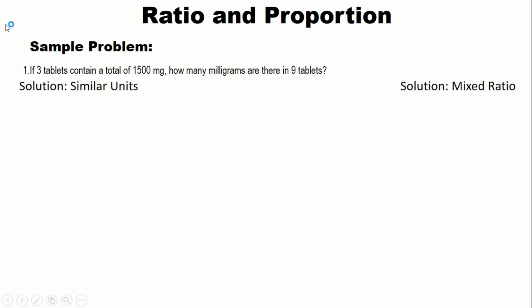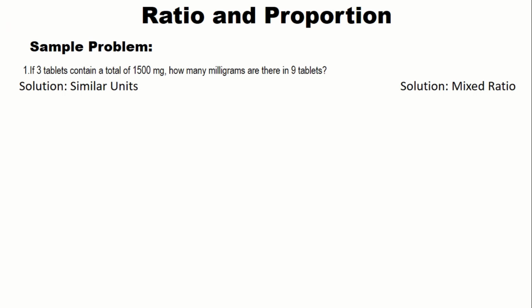In ratio and proportion, if one part increases, the other part increases. What do I mean by that? For example, 10 milligram here becomes 480 milligram, so the volume should also increase, from 5 ml to 240 ml, or vice versa. So that's ratio and proportion using mixed ratio.